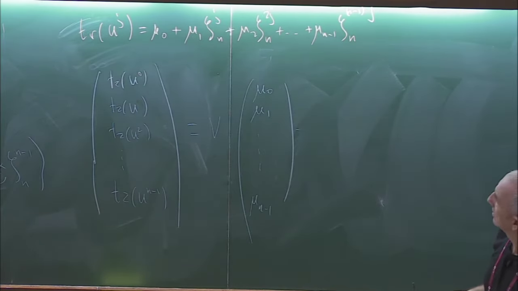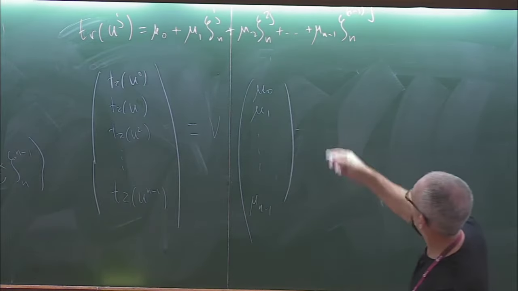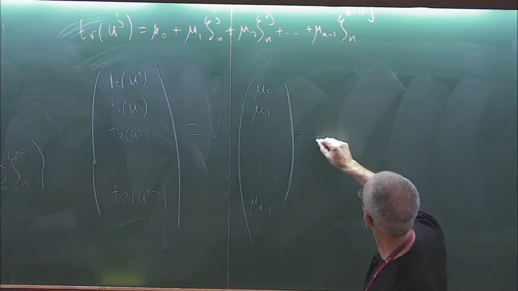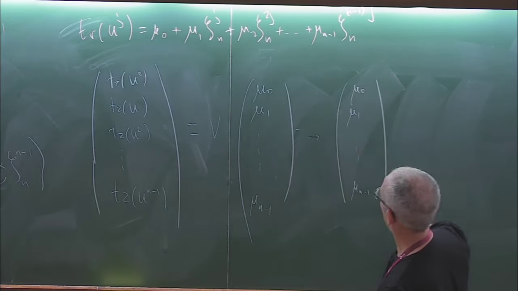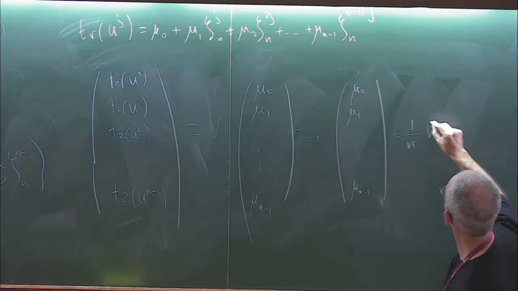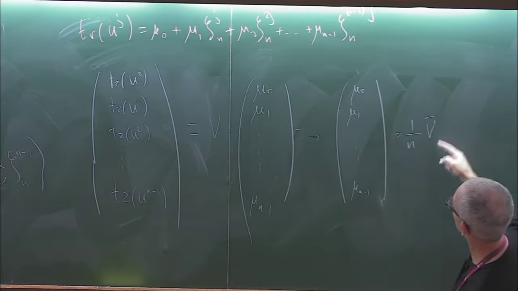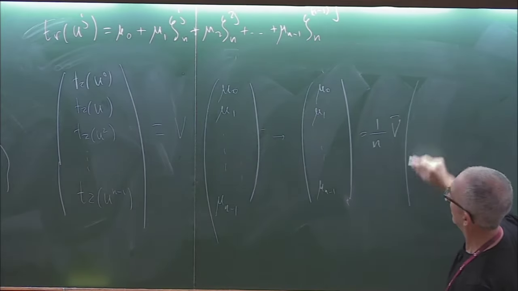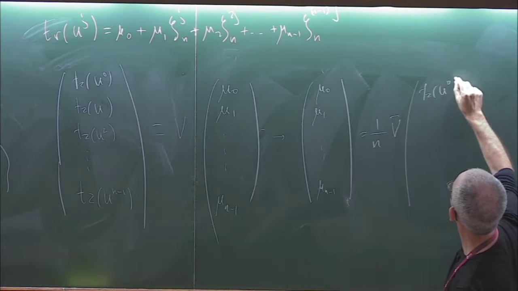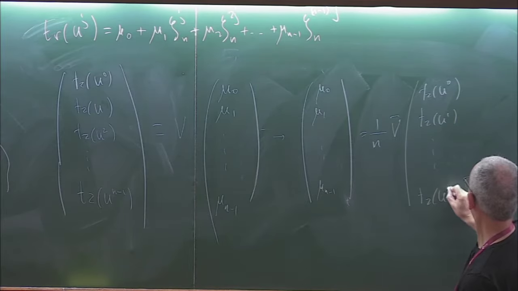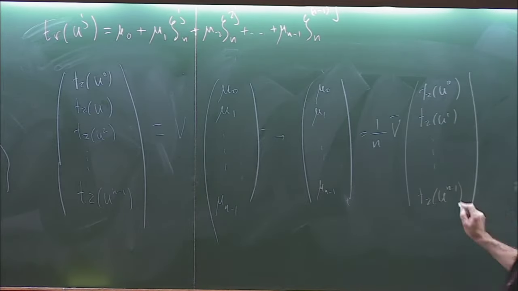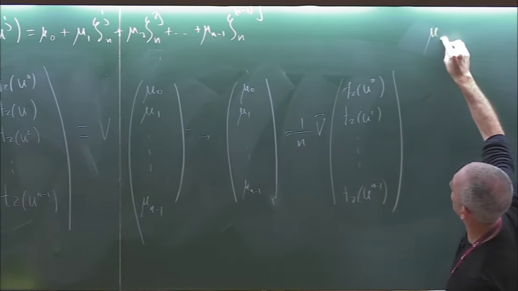And because this is invertible, the multiplicities are 1 over n times the inverse of V, applied to the traces of the matrix. So this gives you a formula for the multiplicities.